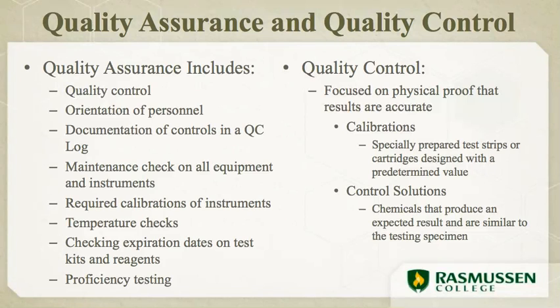A calibration is specifically prepared test strips or cartridges that are designed to produce a predetermined result, where a control solution is a chemical that is produced with an expected result and is similar to the testing specimen.